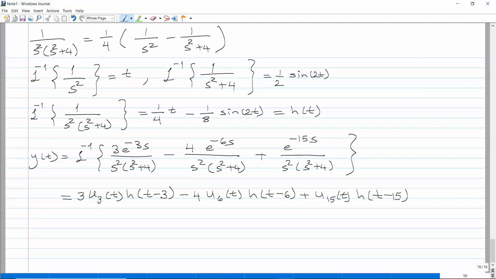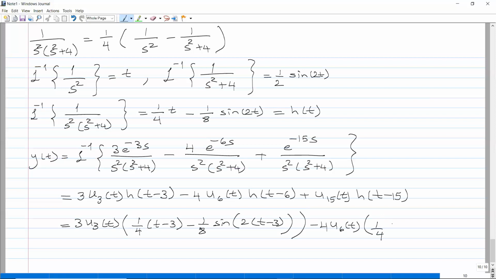Oh, it's going to be long. Okay. 3 u3(t) times h of t minus 3: 1 over 4 (t minus 3) minus 1 over 8 sine of 2(t minus 3). Minus 4 u6(t) h(t minus 6). So 1 over 4 (t minus 6) minus 1 over 8 sine 2(t minus 6).